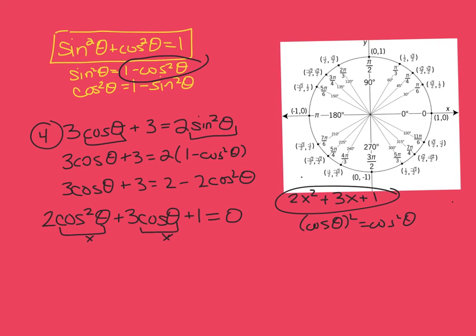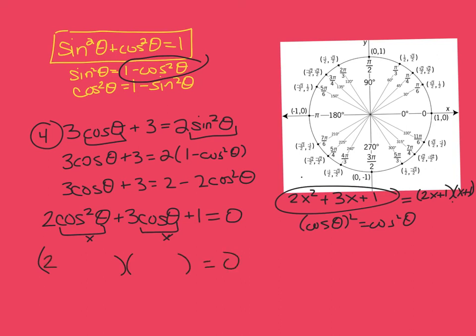Probably the easiest way to do it is going to be by factoring. So if you were to factor 2x squared plus 3x plus 1, you would get 2x plus 1 times x plus 1. That would be what we would get if we had x's. We don't have x's, but we can do the same pattern with cosines.